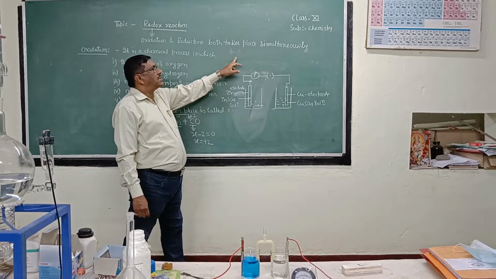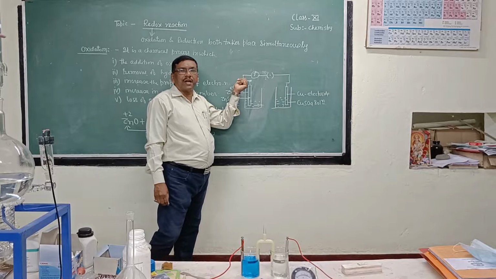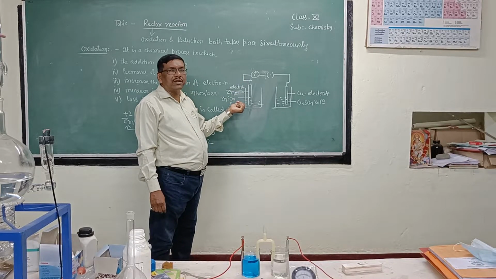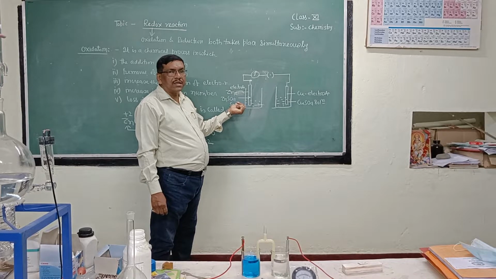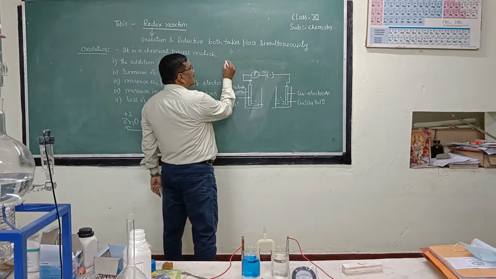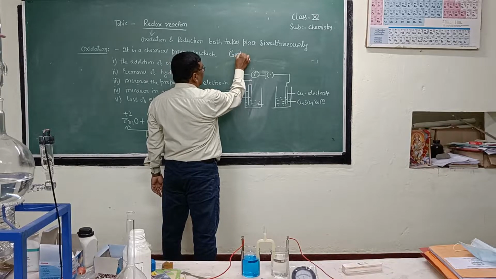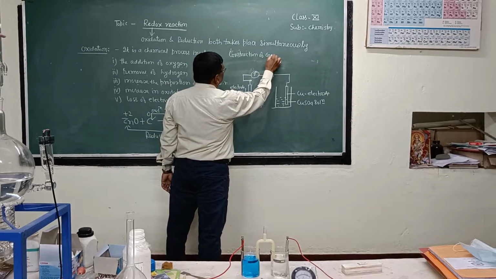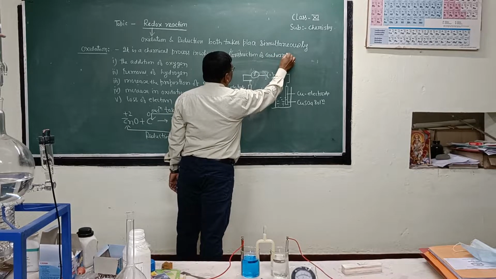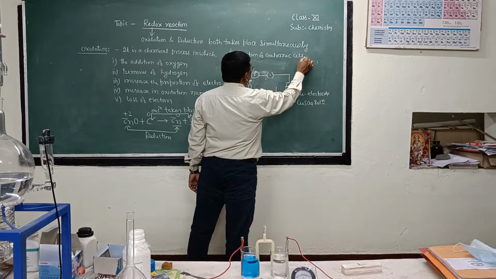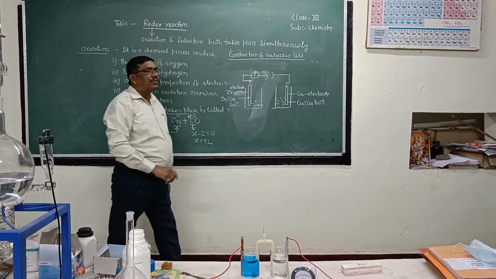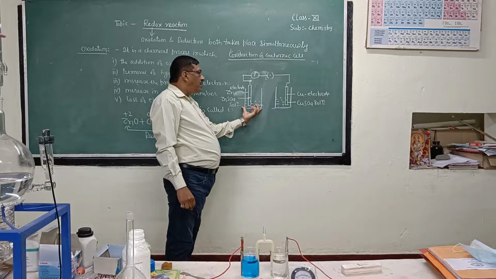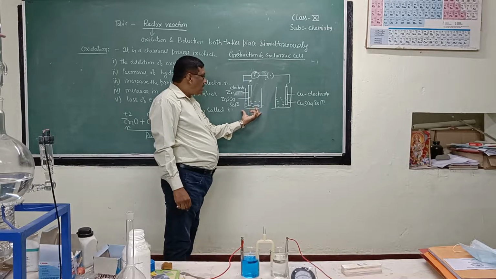Firstly we have seen that a galvanic cell is a device in which chemical energy is converted into electrical energy. Now let us see its construction. Construction of a galvanic cell: its familiar example is the Daniel cell. In a galvanic cell, there are two beakers.